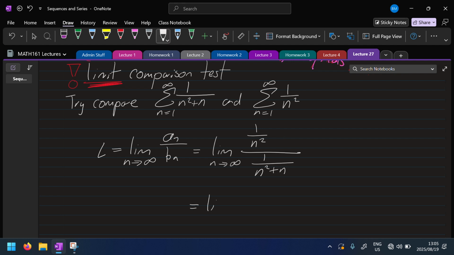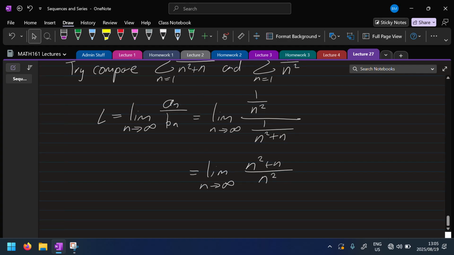So this is going to be the limit as n goes to infinity. Here we've got a fraction over a fraction, so be careful with that. You do the little swap. So it'll be n squared plus n over n squared. That's easy enough. That will just be 1. So it's 1.